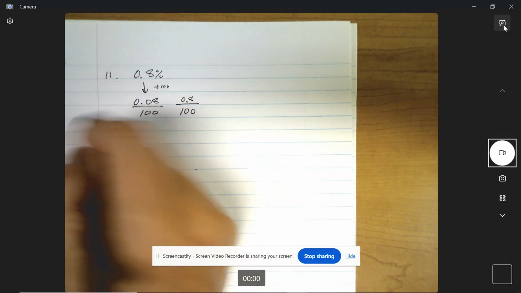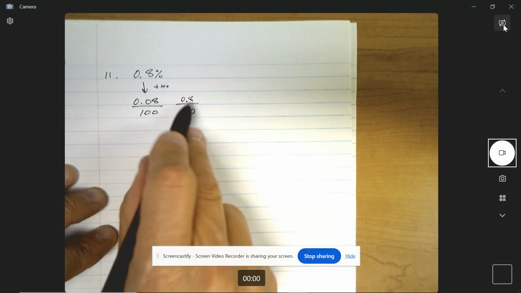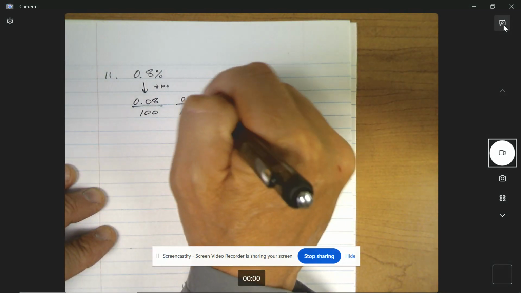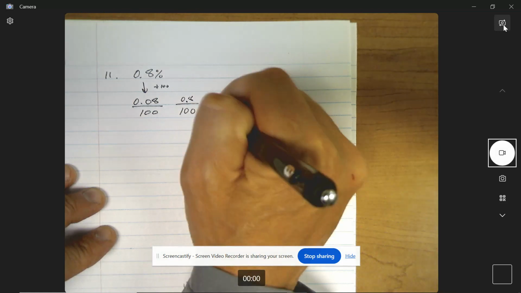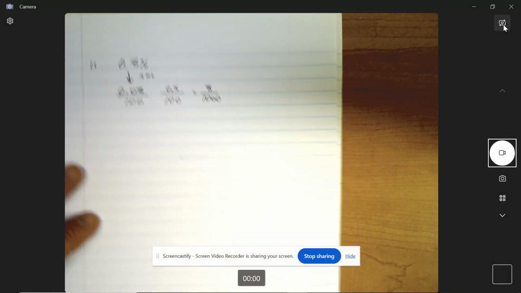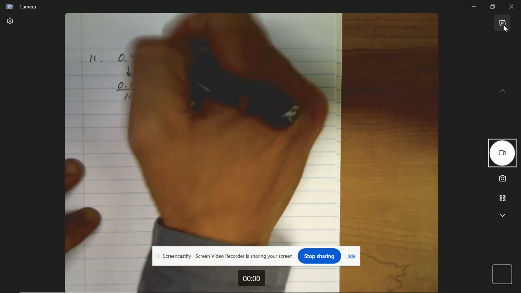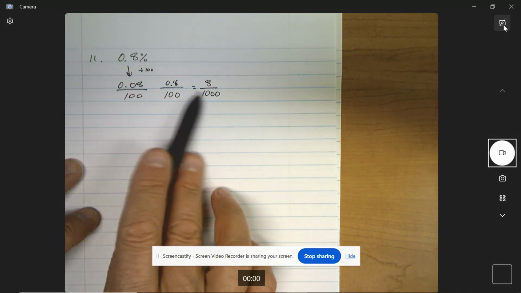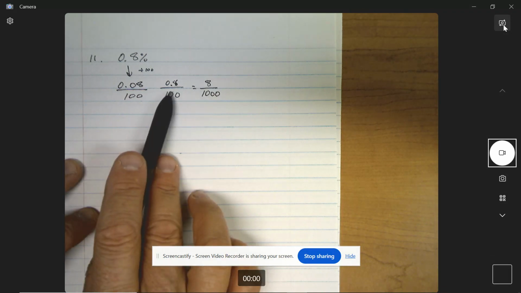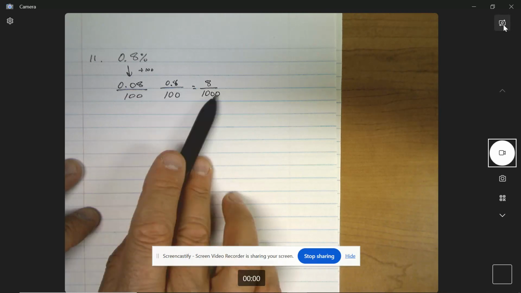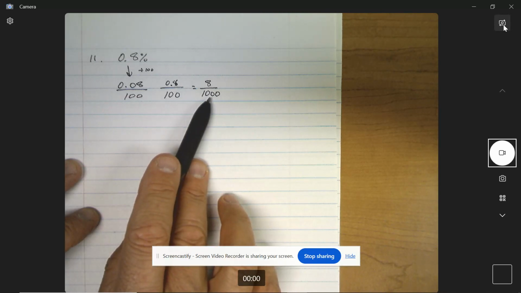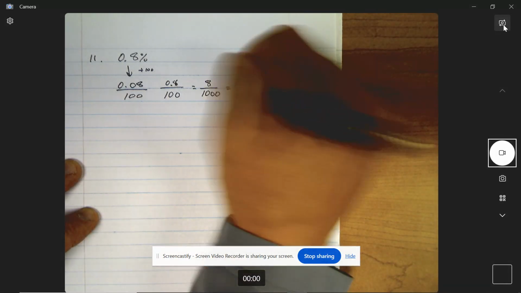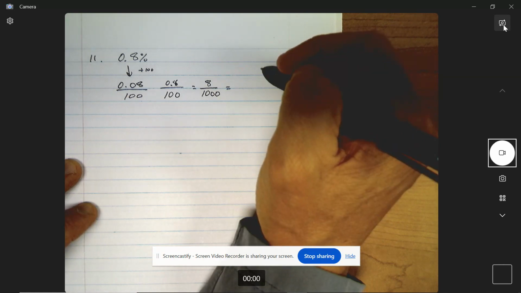Oh, I skipped my step over there. But remember, when we have a decimal in the numerator, we're going to move that over. We don't want decimals. I'm going to multiply this by 10. Are you guys okay with me doing this? Did I blow anybody's brain up? I apologize if I did. That's a little bit smaller than 100th. It's actually 8/1000ths. 8/1000ths, which, by the way, I can divide both of those by 8.